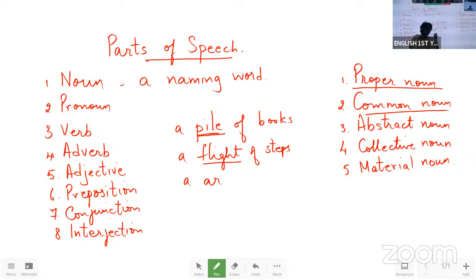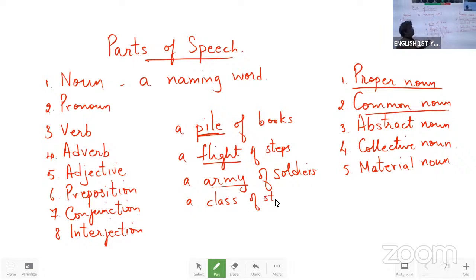Army of soldiers. A class of students. So on and so forth, which is in collection.